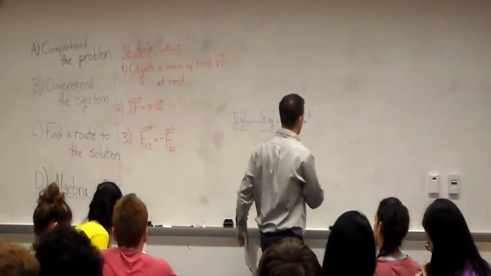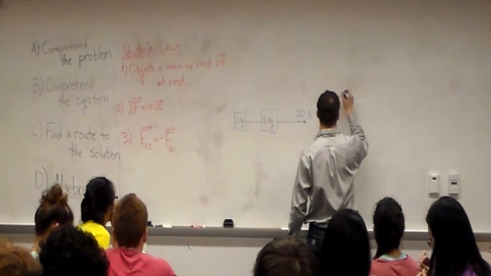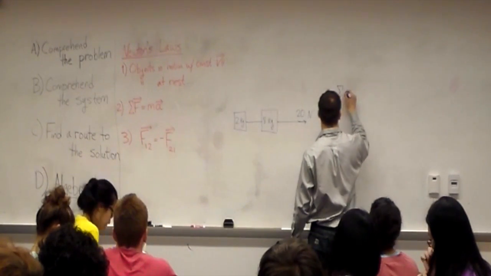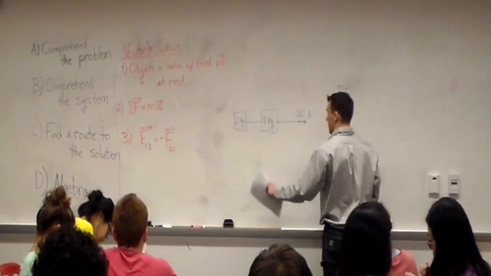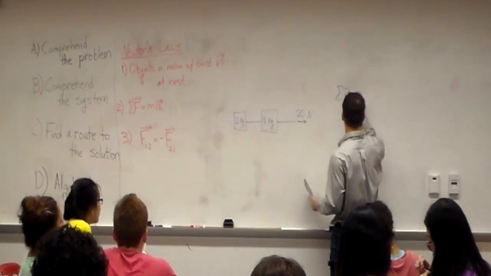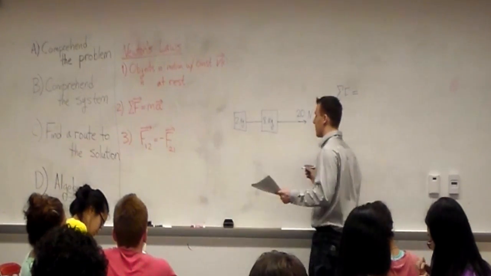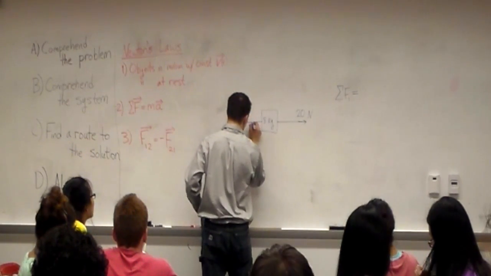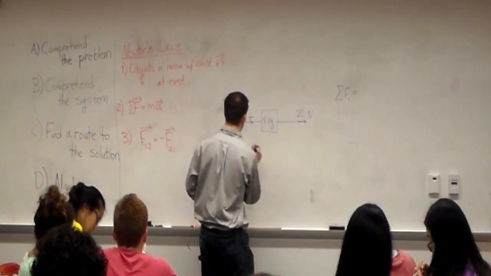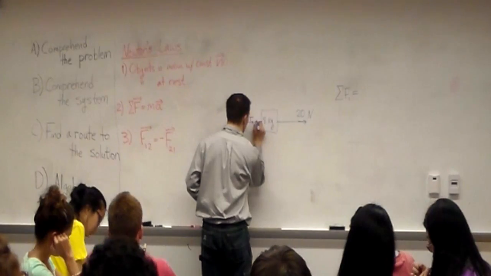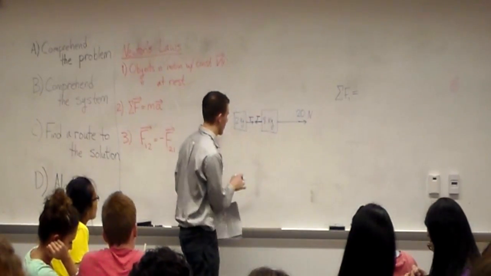So we say, all right, let's sum the forces on mass 1. This is mass 1. The sum of the forces on mass 1 is, well, there's some kind of tension force here, T, which I don't know. It's also here, acting on both of them.